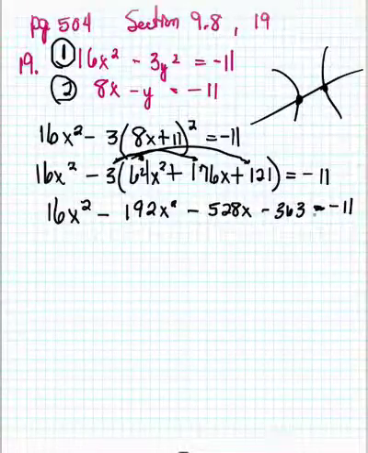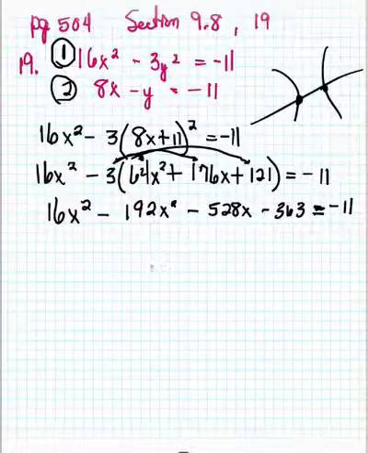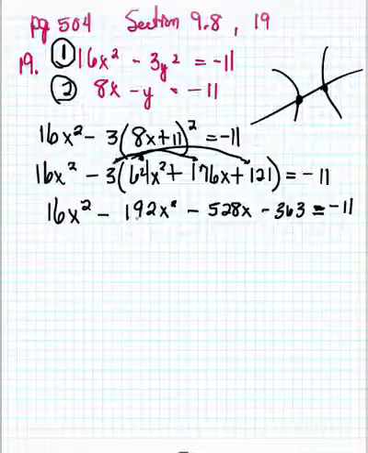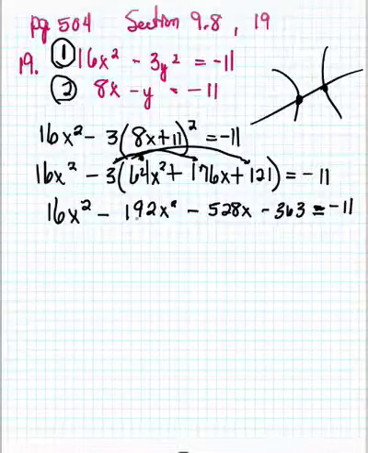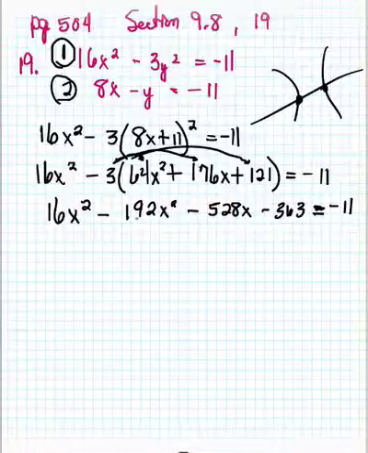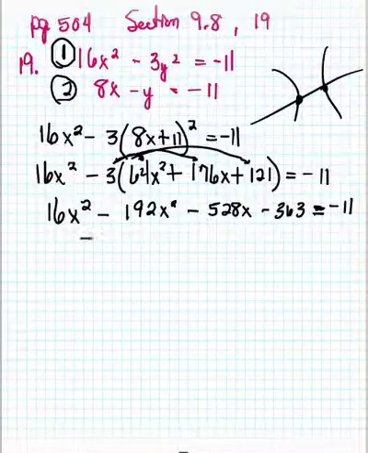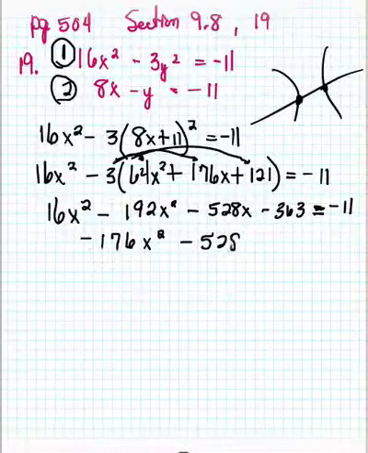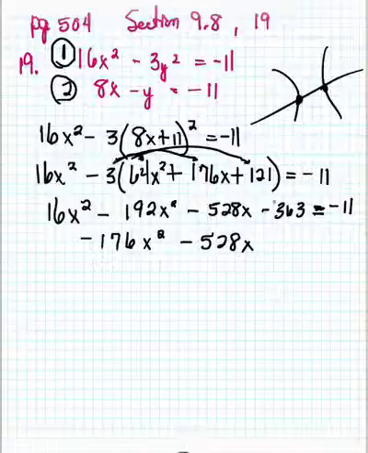Now 16x squared minus 192x squared are like terms, so I've got negative 176x squared minus 528x, minus 363 plus 11.